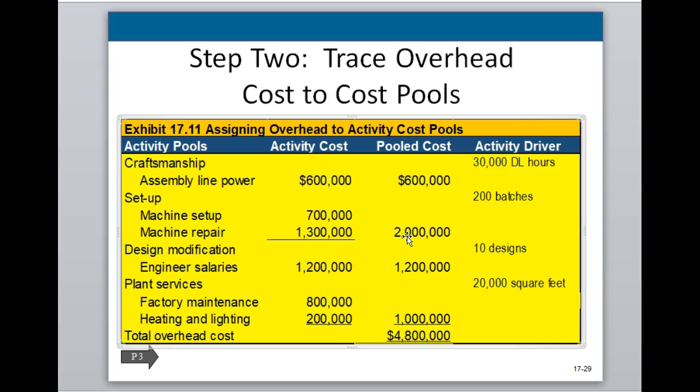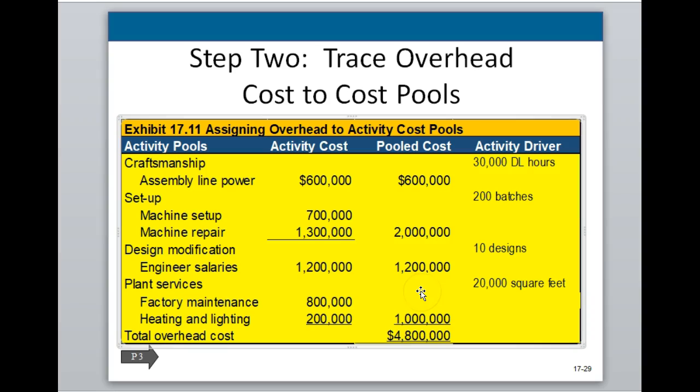You have design modification, which is actually the engineers' salaries, 1.2 million, and there are 10 design modifications throughout the year, or you assume there are. And then you have plant services, which involves the plant factory maintenance and the heating and lighting, which comes to 1 million, and that's for 20,000 square feet.